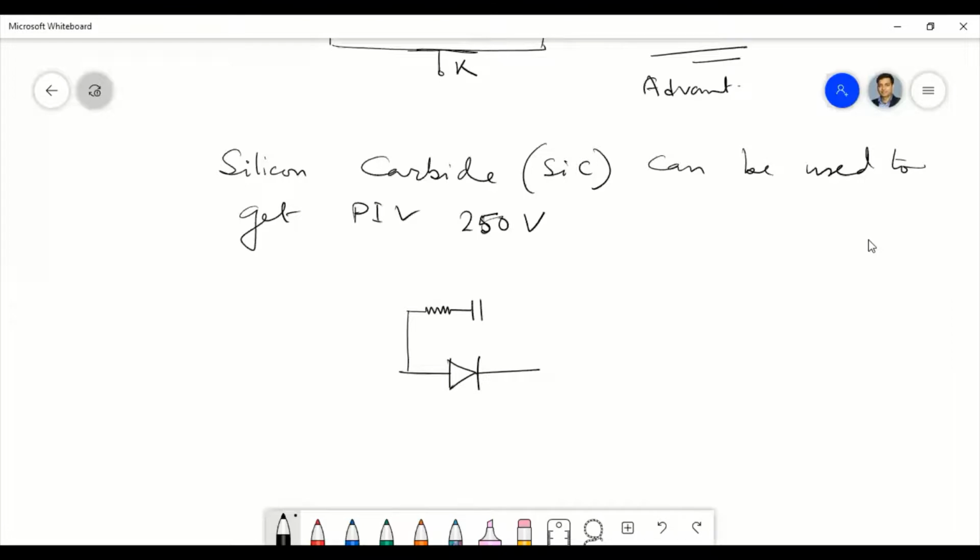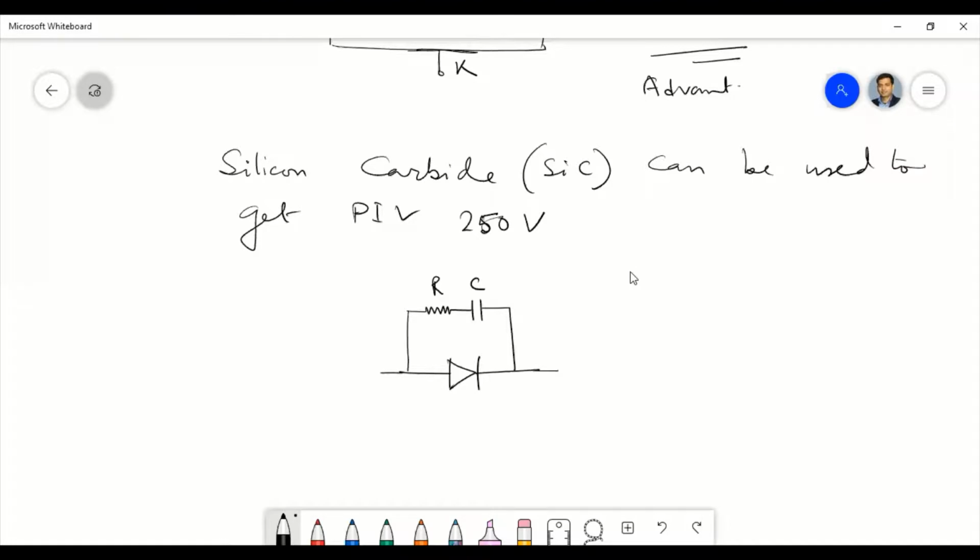Can you tell me why this resistance is used in the snubber circuit? To prevent LC oscillation. Correct. To prevent the LC oscillation, we use the resistance in series with the capacitance.